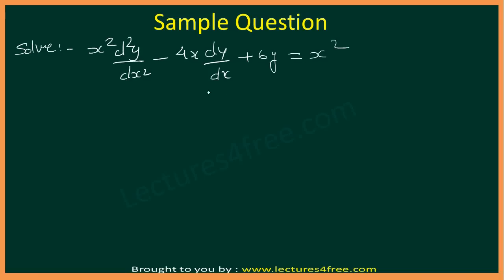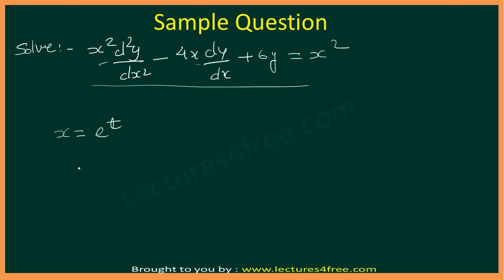Now here we can see the function of x is like this, so this is a Cauchy's linear equation. To convert it into an equation of constant coefficients, we have to make two assumptions. Our first assumption is we are assuming x is equal to e to the power t.